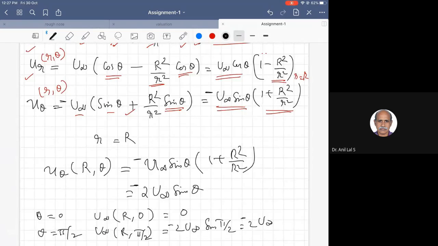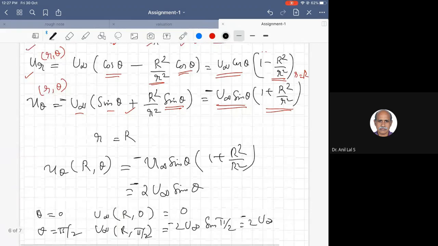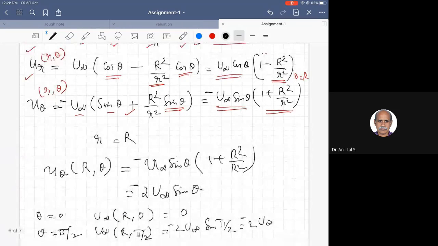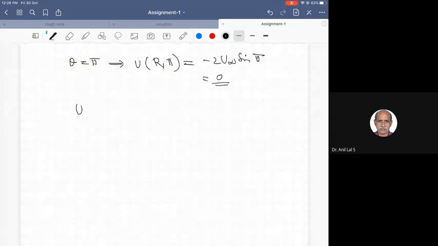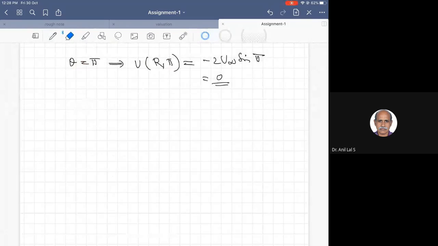And this is incompressible irrotational flow, so Bernoulli's equation is applicable. The velocity is known, so you can find out the pressure also.